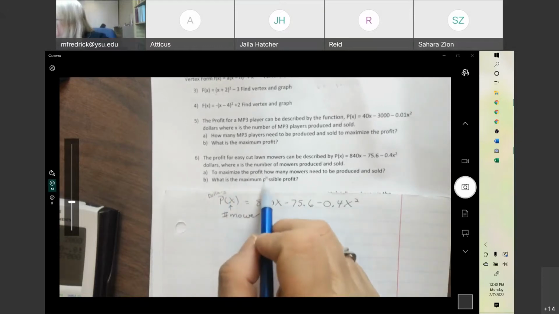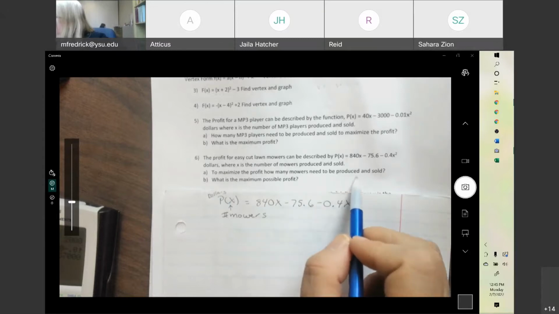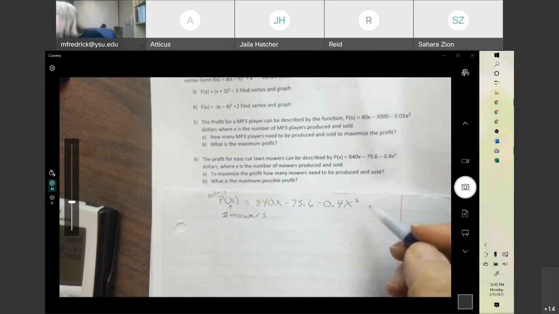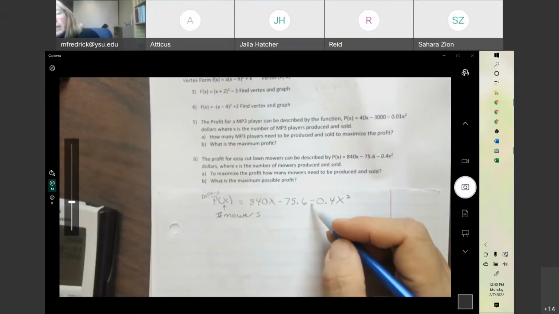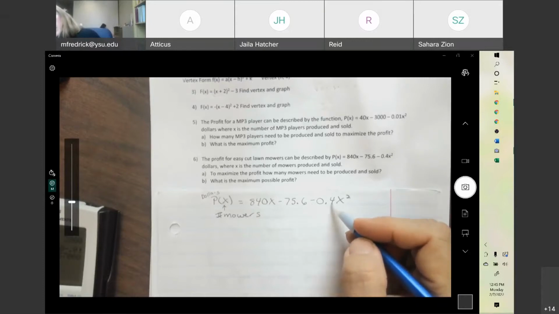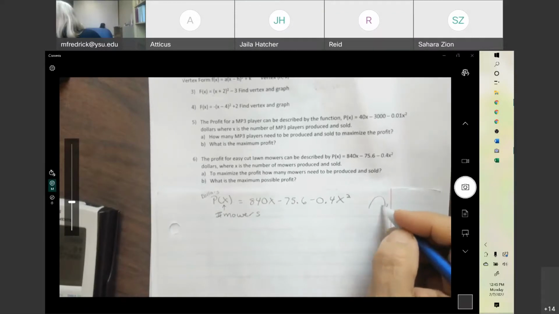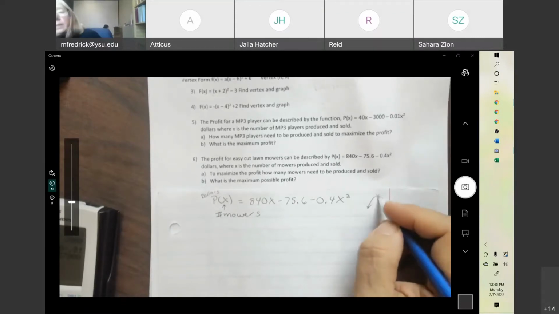To maximize the profit, how many mowers need to be produced and sold? Well, we know it's a parabola because X is squared. That's our degree, the largest exponent. And we know the parabola is going down because the X squared term is negative. So that means the vertex is our max.